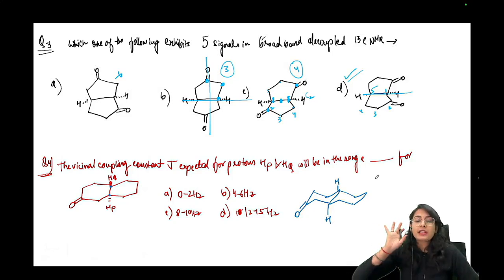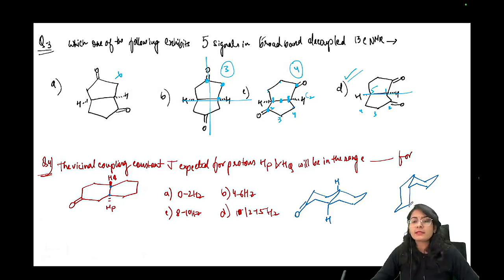So if just in case there is a question that there is a cis decalin system like this, what about the coupling constant of the cis decalin system and the trans decalin system? You know that for coupling, orbital interaction is necessary. So the orbital interaction is best when you are having 0 degree or trans, meaning either 0 degree or plus minus 180 degree.